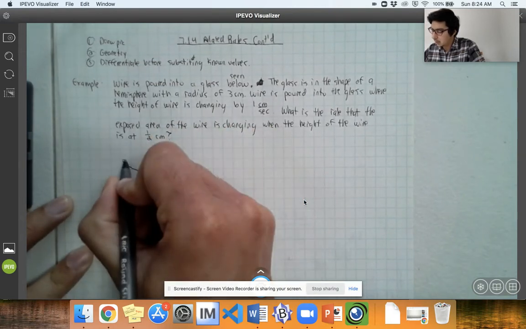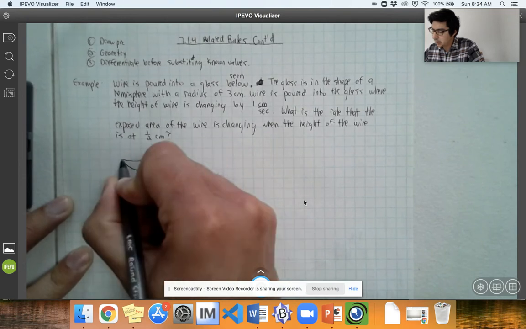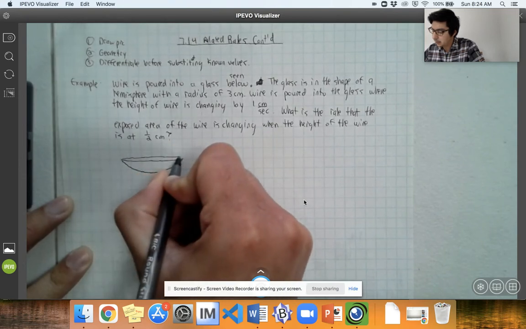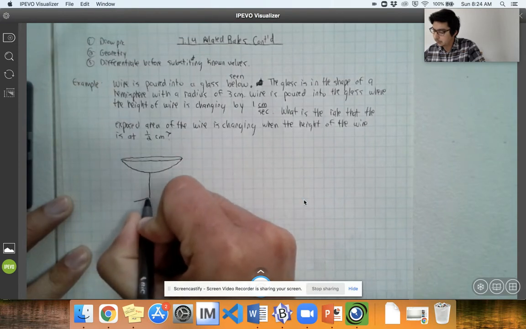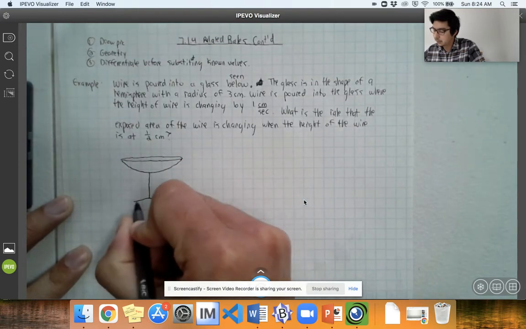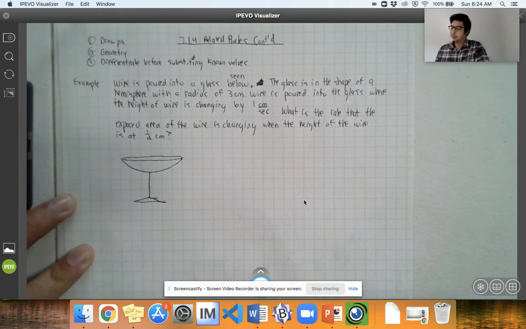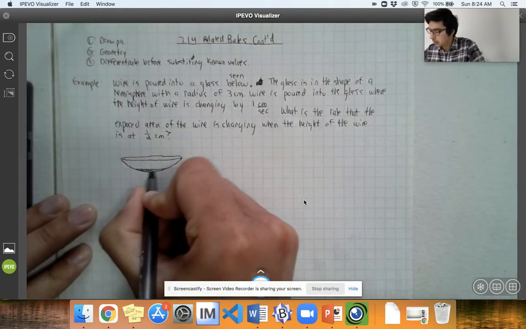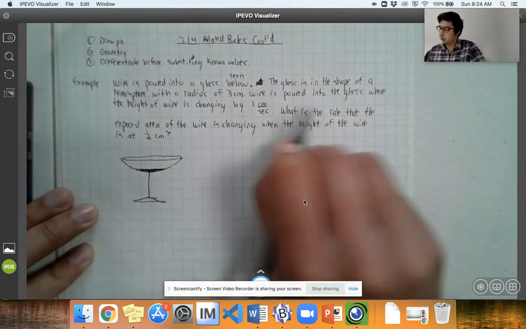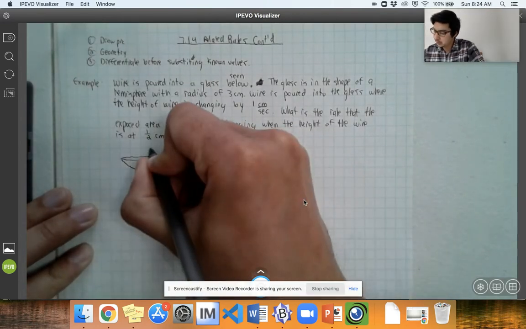glass that has a hemisphere shape, okay, like so. Okay. And there's wine in it, something there. And we know that the radius is 3 centimeters.